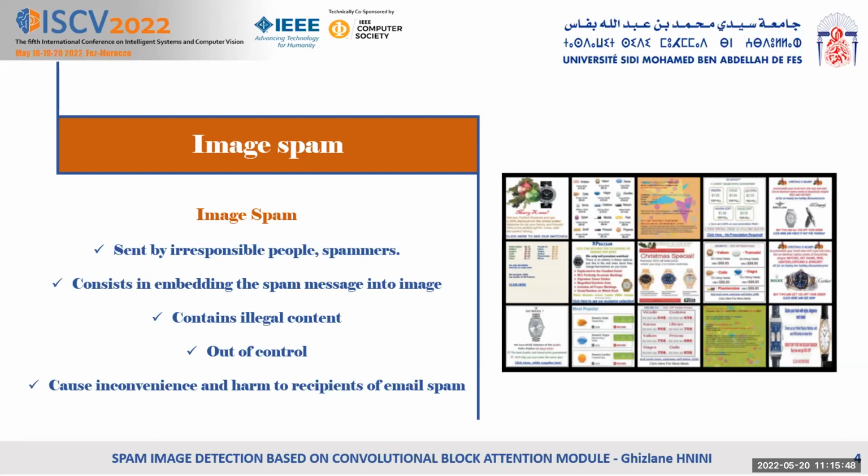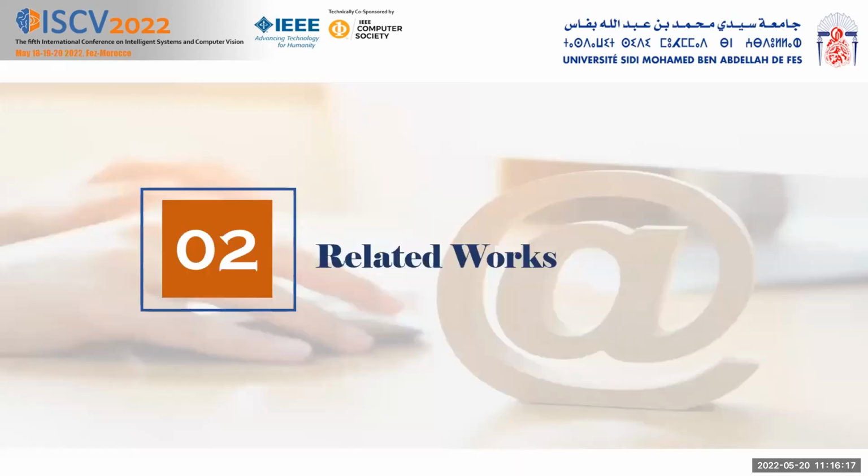Its goal is to evade the analysis of the email's textual content performed by spam filters, including automatic text classifiers. Since attached images are displayed by default by most email clients, the message is directly conveyed to the user as soon as the email is opened. It contains illegal content and is usually sent out of control, so that it causes inconvenience and harm to recipients of spam email.